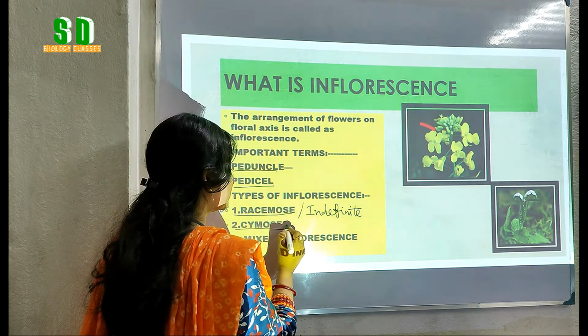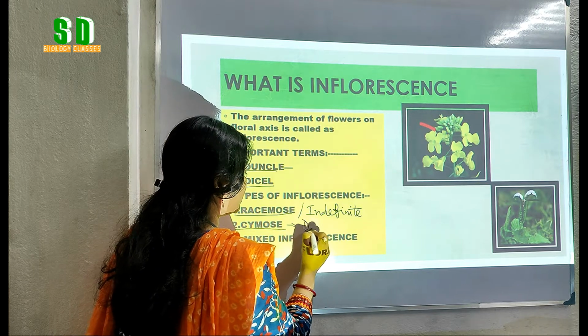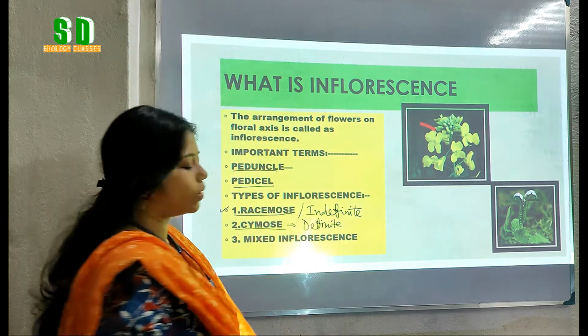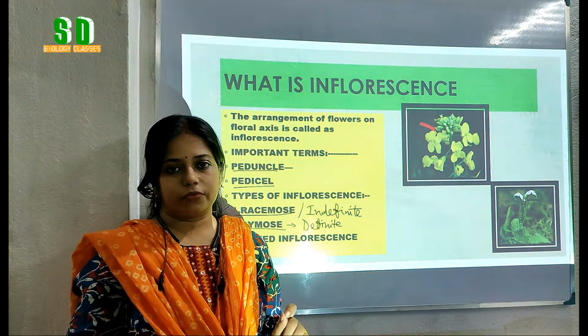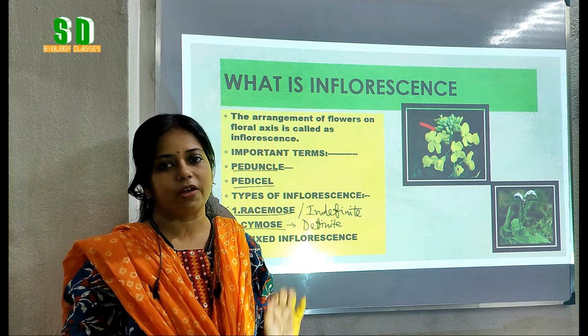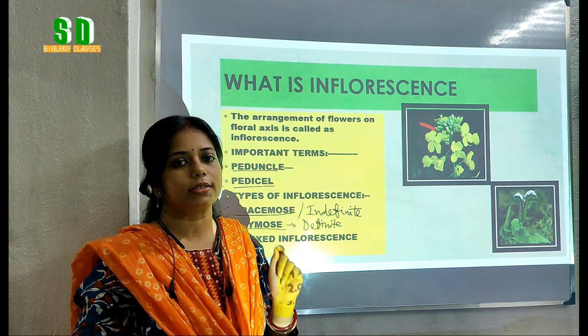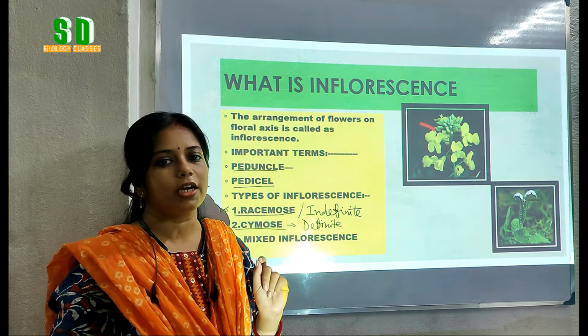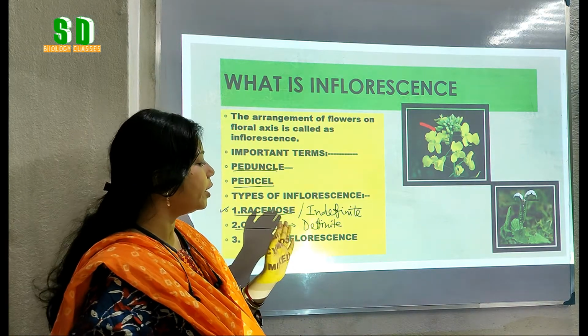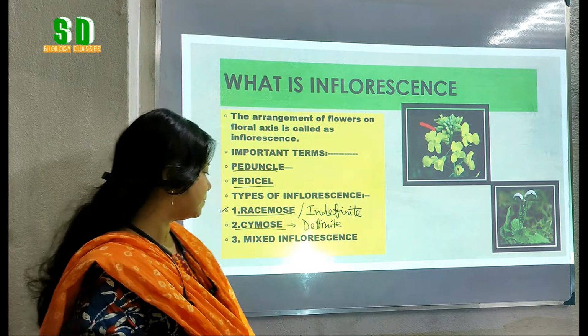Second one is cymose inflorescence or definite type of inflorescence, where the floral axis always terminates in a flower. So at the tip of the floral axis we can always find a flower. This type of inflorescence is called cymose or definite inflorescence.